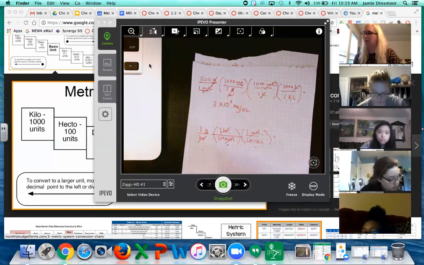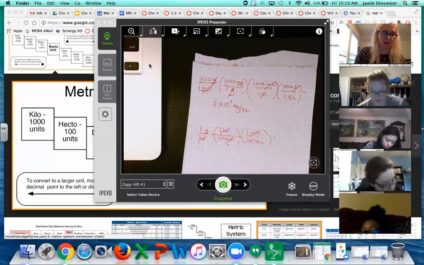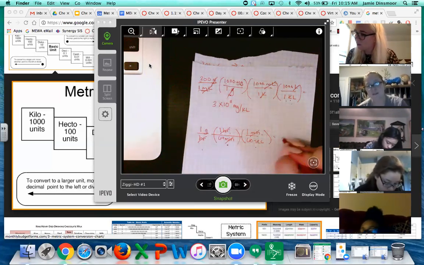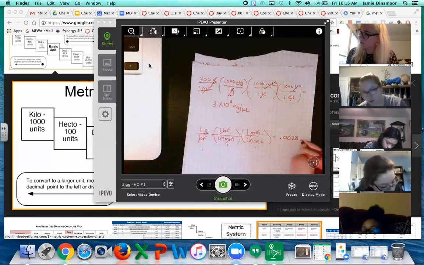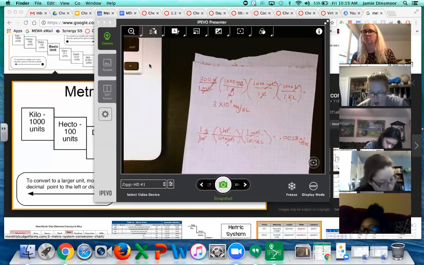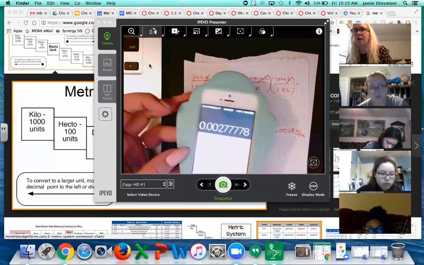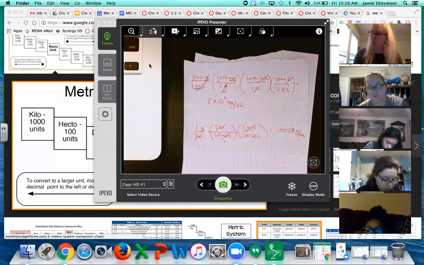So in this case, I'm just going to divide 1 by 60 twice. And I got 0.0028 grams per second. I actually got 0.00278, but I rounded to 0.0028.